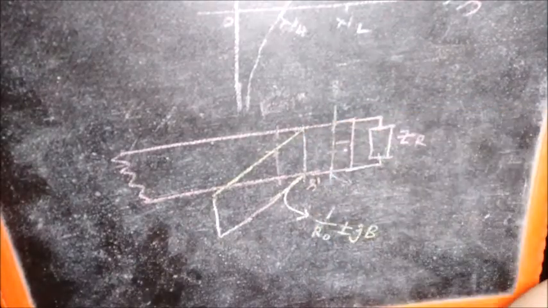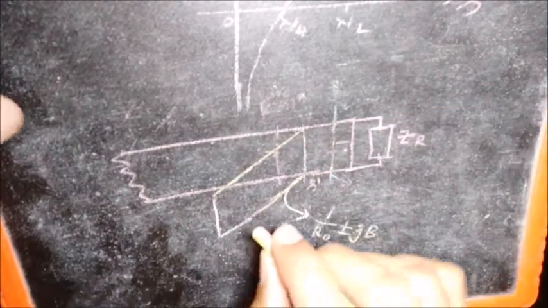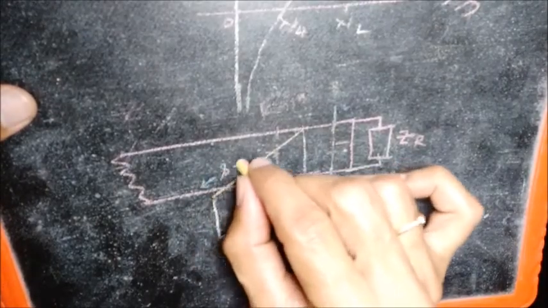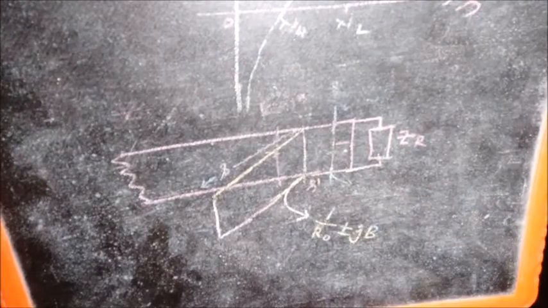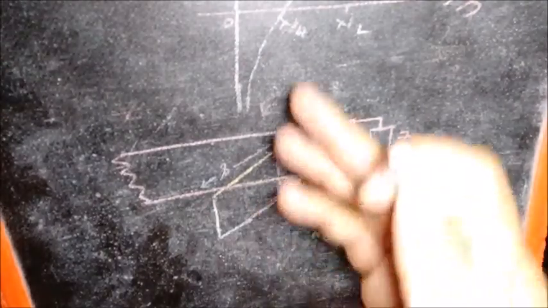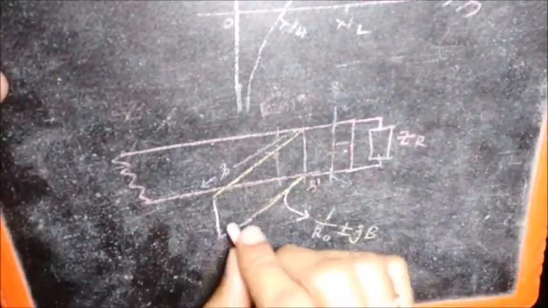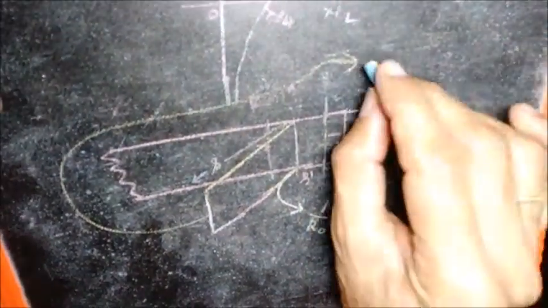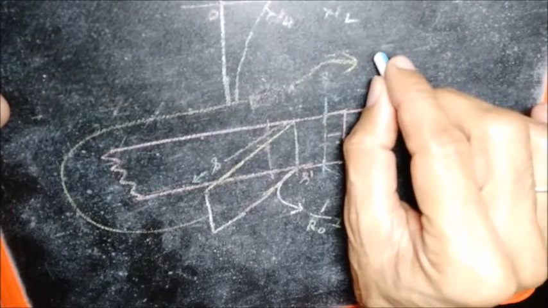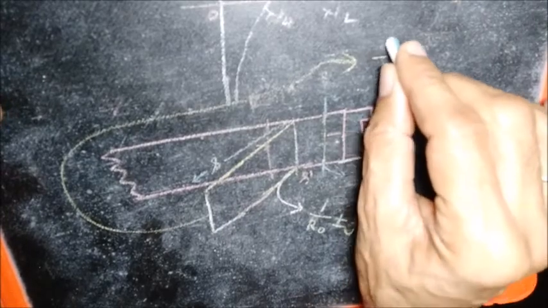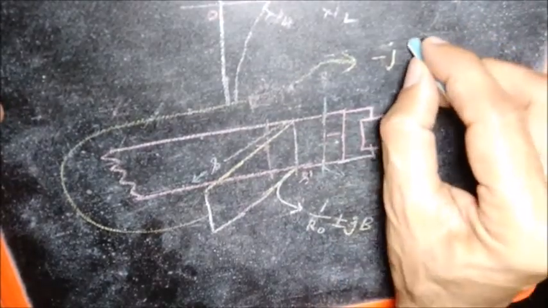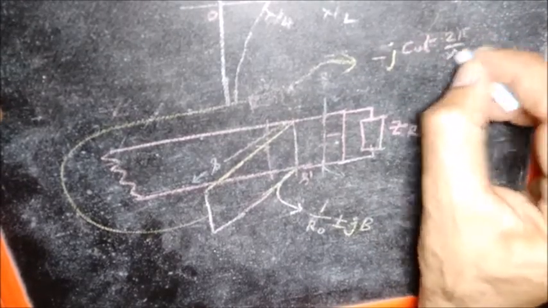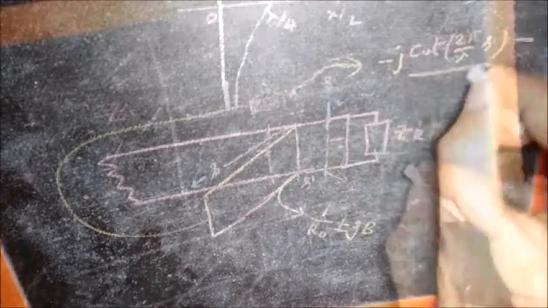Now if we do this, we can select its length such that, and remember that as discussed a short while ago, this will have an admittance which will be given by minus J cot 2 pi by lambda S by R naught.